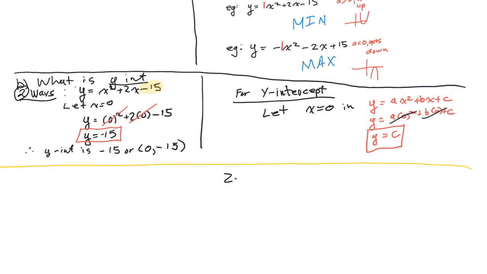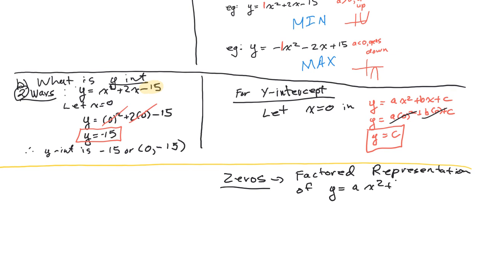The zeros refer to the factored form representation of y is equal to ax squared plus bx plus c.